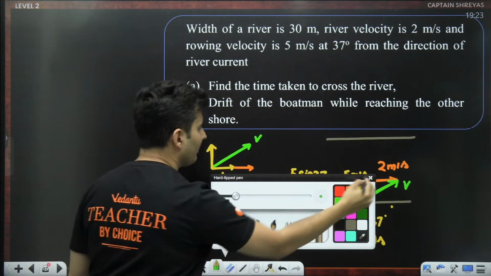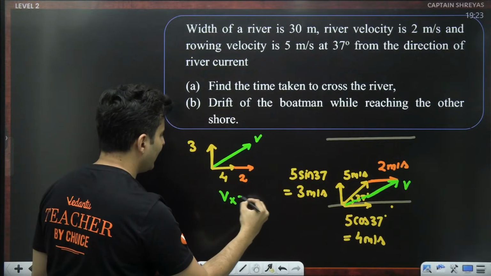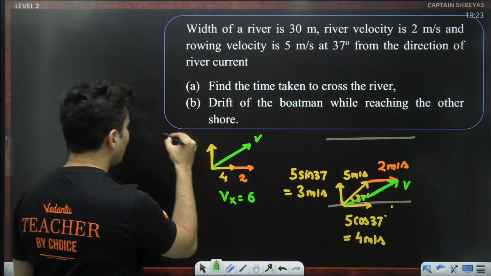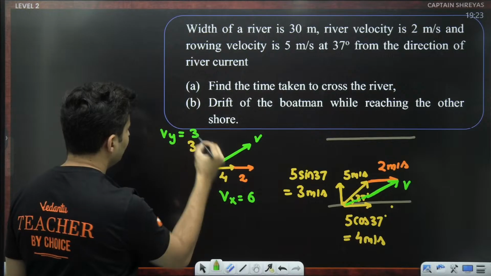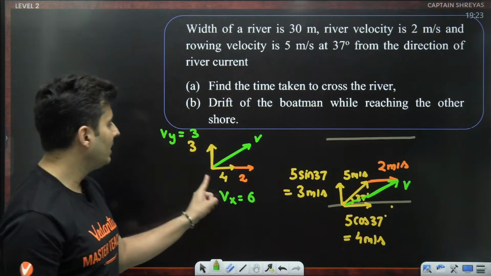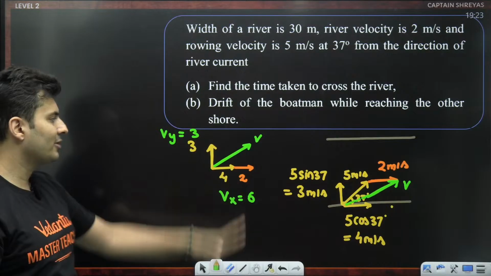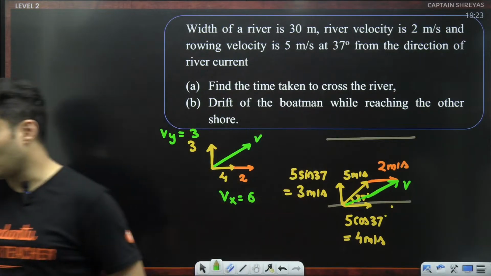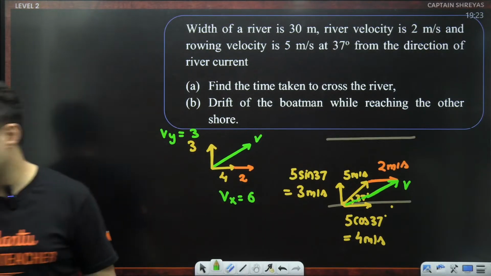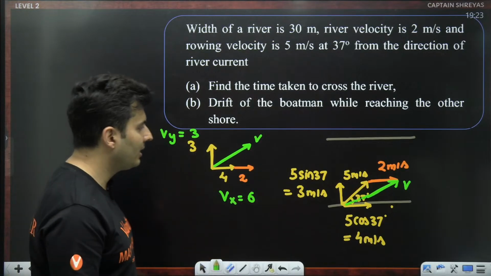So strictly speaking, from here, I see that Vx is 4 plus 2, which is 6, and Vy is just 3. That's the complete sense of the problem. Did you understand this vector resolution and how we have taken it up?